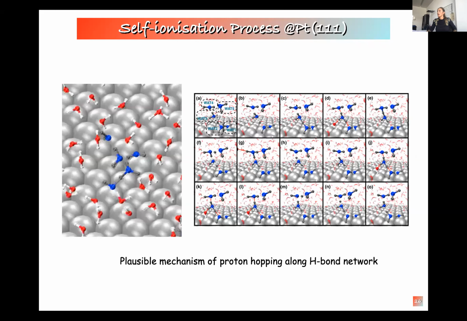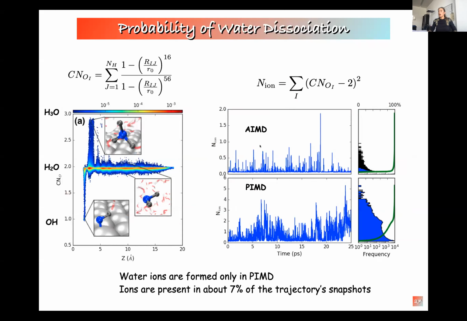Then the hydrogen can hop around in the first water layer, but, at least in our simulation, it doesn't leave the first water layer, and this occurs in a rather short time until it comes back to the original OH that is still adsorbed at the surface. We have observed this type of phenomenon many times along our path integral simulations, and we have not observed anything of this in the standard BOMD simulation.